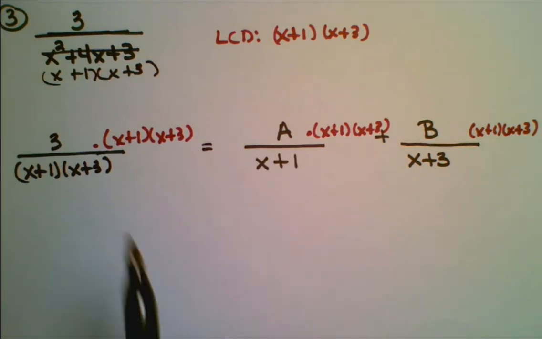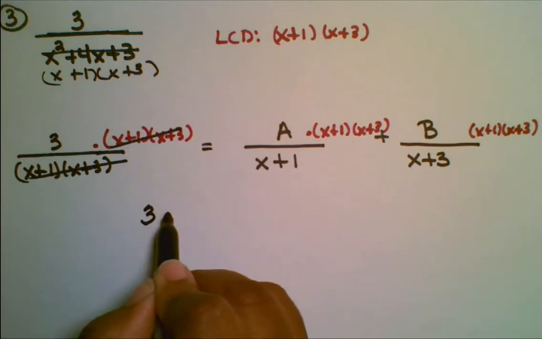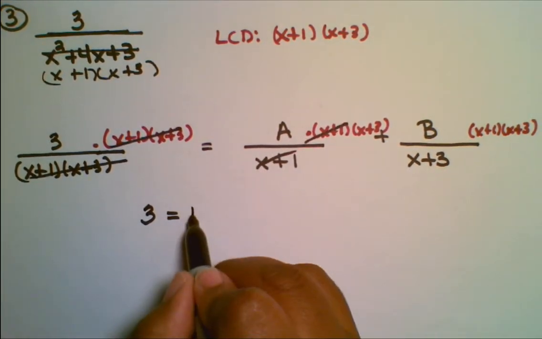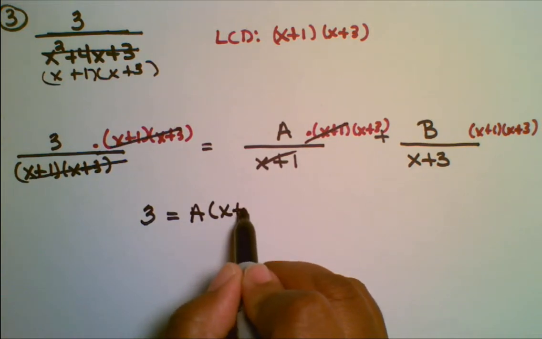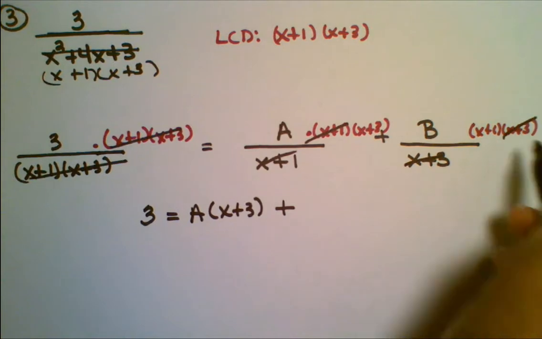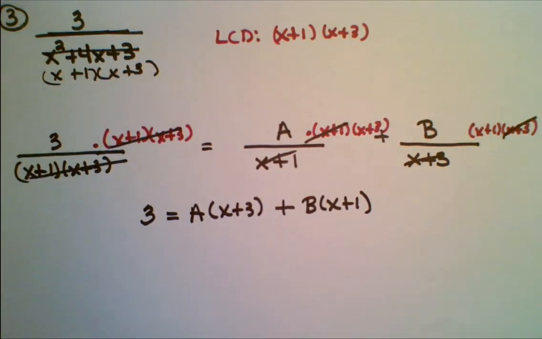So now on the left-hand side, we're left with 3 is equal to, on the right-hand side, the x plus 1s cancel out. We have A times x plus 3, plus, the x plus 3s cancel out, we have B times x plus 1.